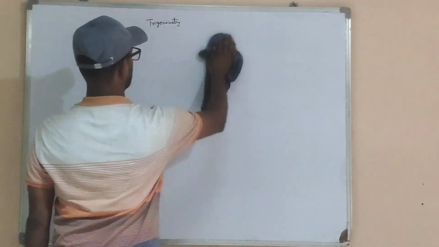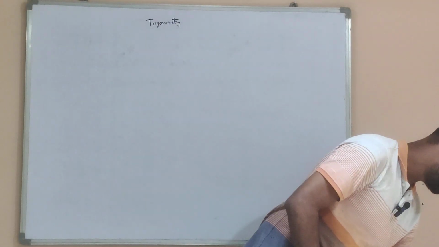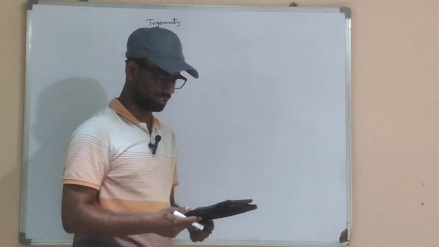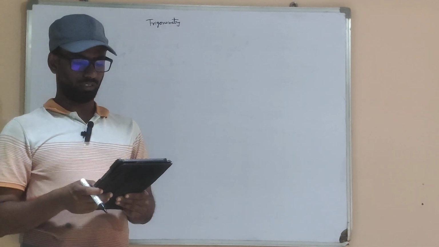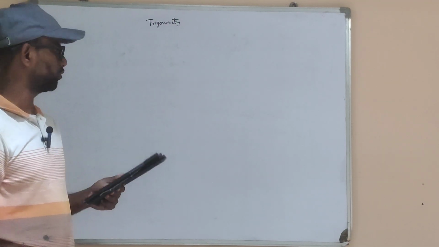The 15th question is the final question of the chapter. From here we are going to finish the chapter on trigonometry. Okay, let's see the 15th question. A straight highway leads to the foot of the tower.